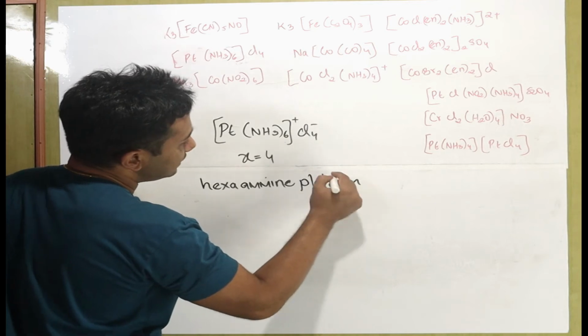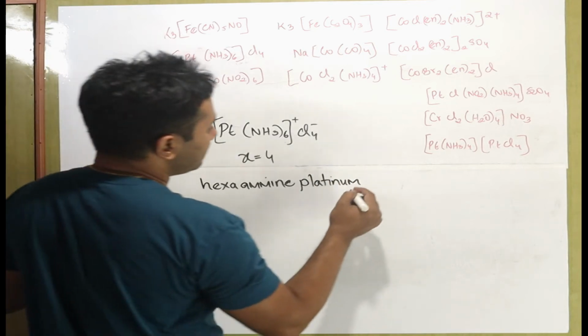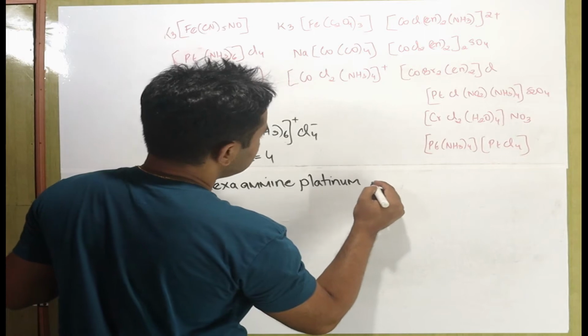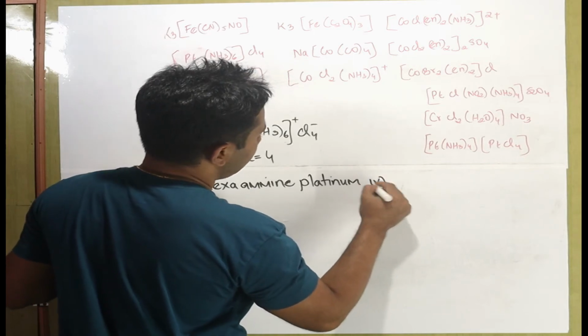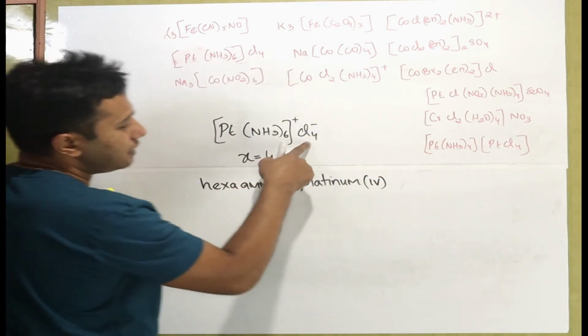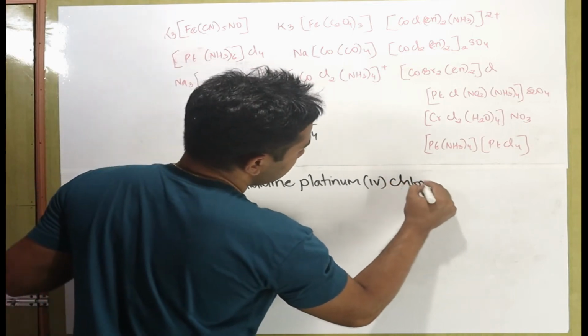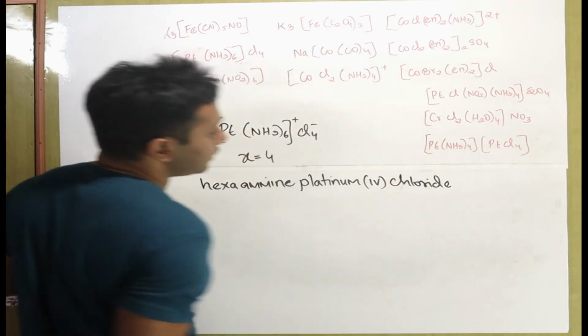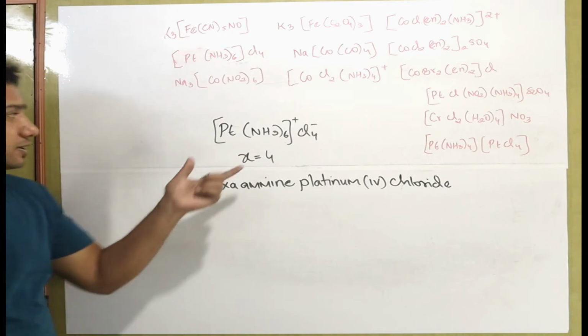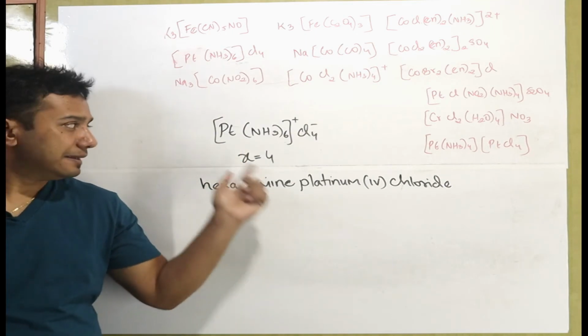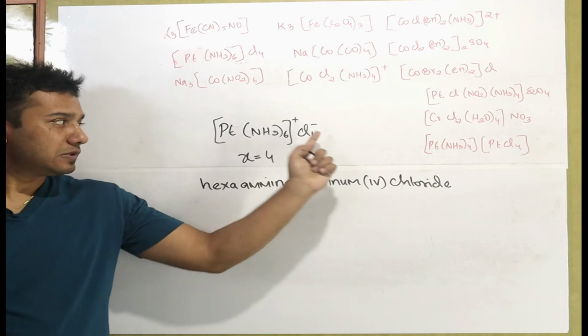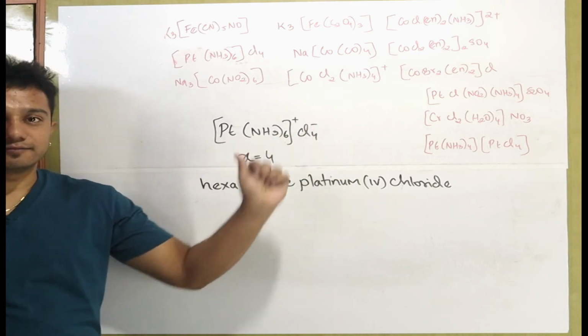It will not be platinate, it will be platinum, platinum 4, this 4 out here, and chloride, platinum chloride. So the name will be hexaamine platinum 4 chloride.